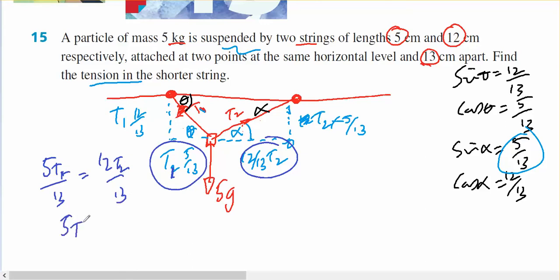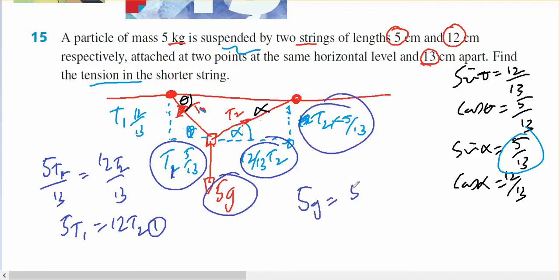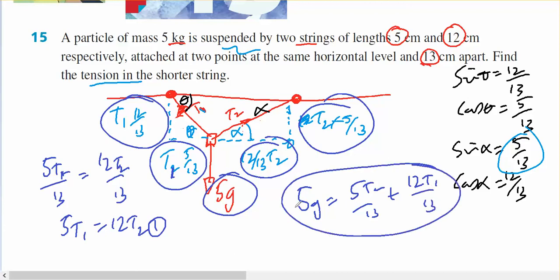So 5T2 equals 12T1. That can be equation number 1. And what's going down is 5G, and that will equal 5T2 on 13 plus 12T1 on 13. And that's equation number 2.